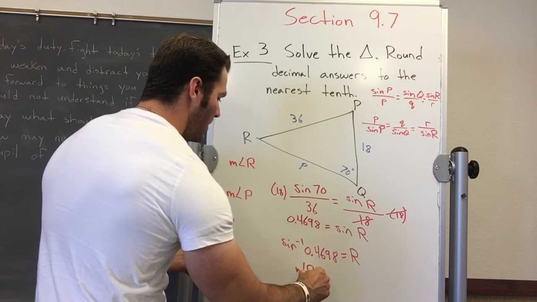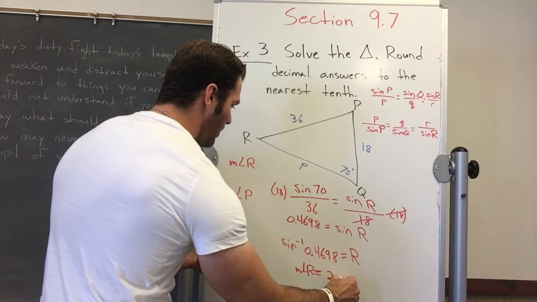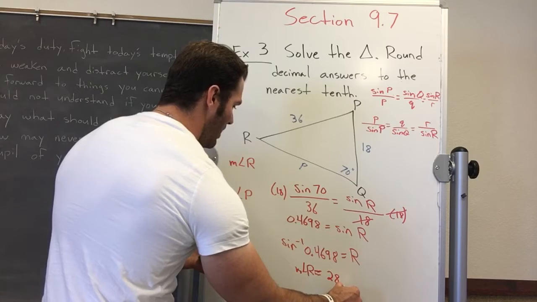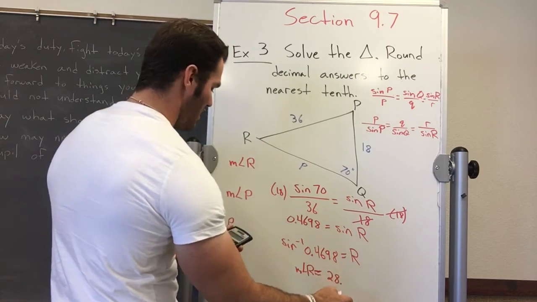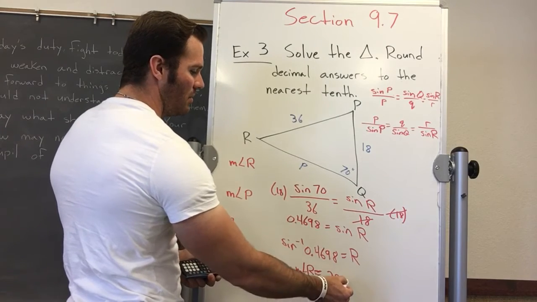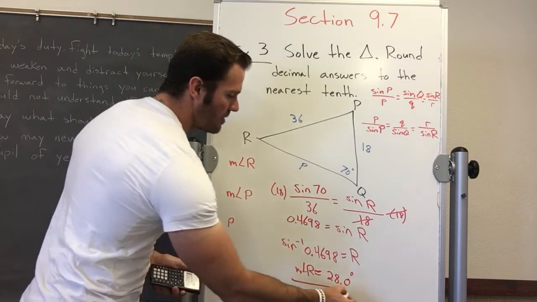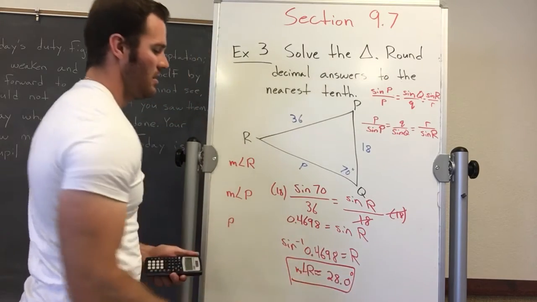So the measure of R is approximately 28.02, round to the nearest tenth, so 28.0 degrees. There's my first answer.